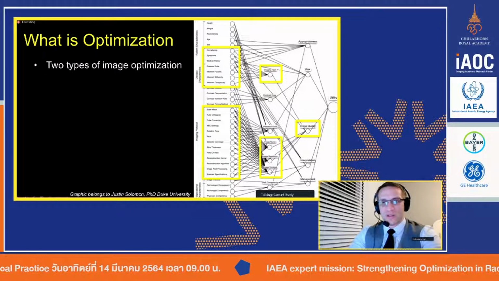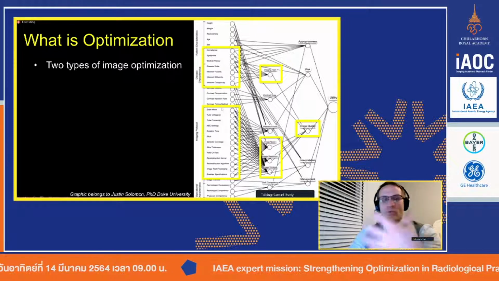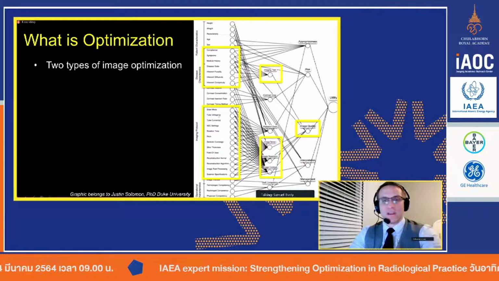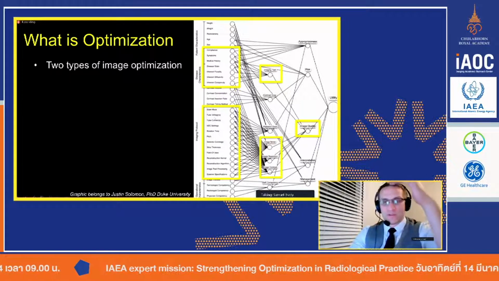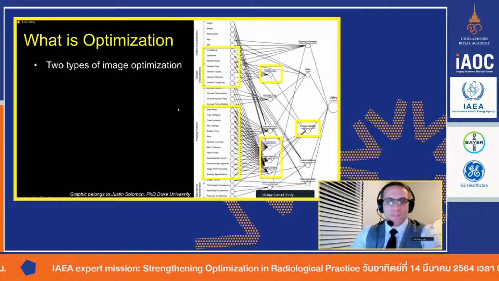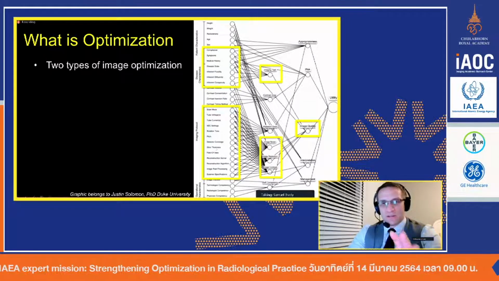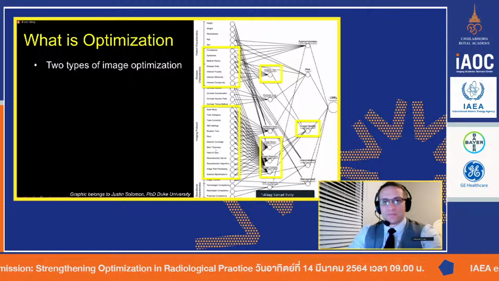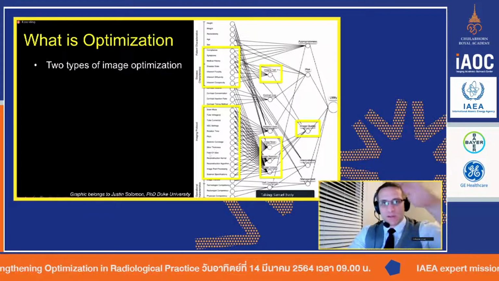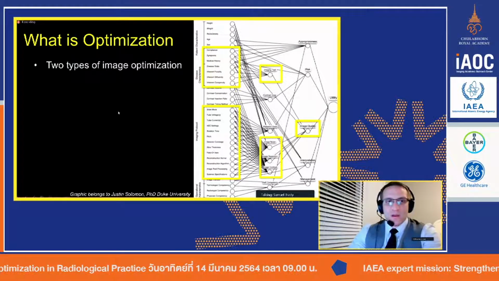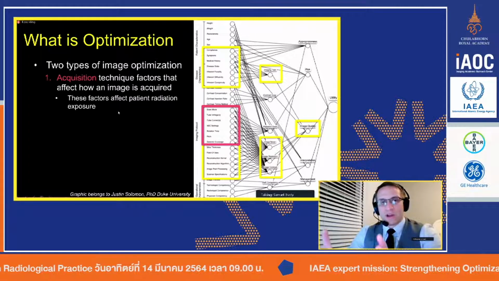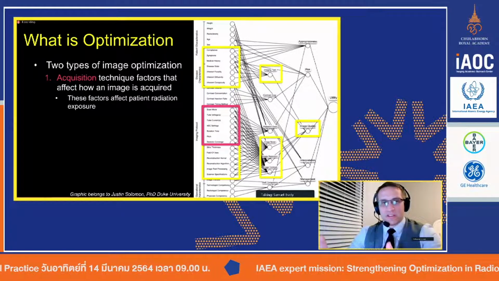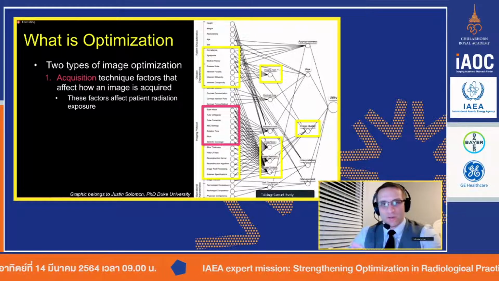There are so many other aspects of image quality optimization that start at the protocol level and work our way down. So now let's get a little bit more granular. We're going from top down, so we're going to take another step down. When we talk about image quality optimization, there really are two different ways to look at this.